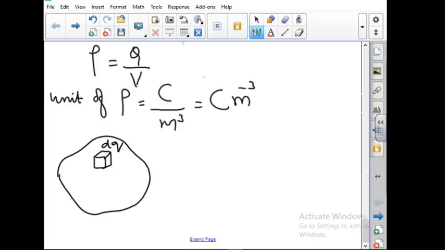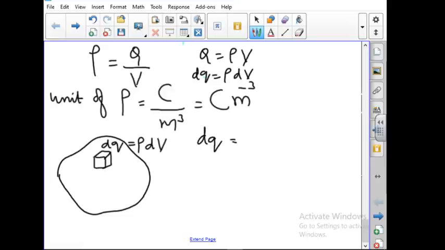So dq is equal to rho into dV. As you studied already, Q is equal to rho V and dq is equal to rho into dV.